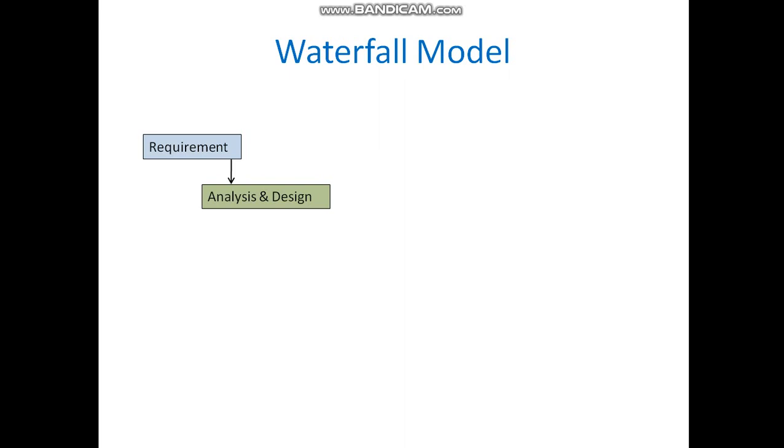Now once the requirement part is over, the analysis of that requirement is done. This work is done by the project management team and the design of that product gets ready. Once the design part is over, it is handed over to the implementation team, where developers work on the design documents, meaning all the features specified in the design document are implemented.